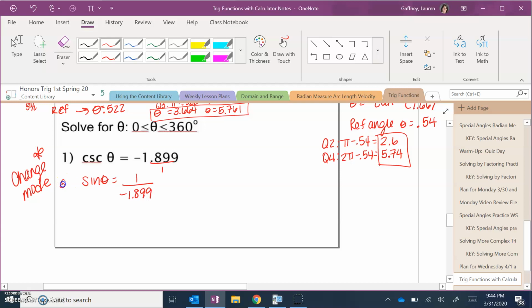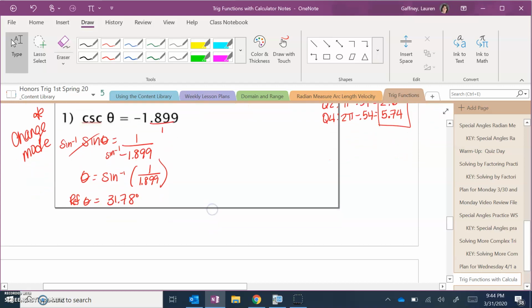Okay, so let's do sine inverse. So theta, let's drop that negative. Now, when you type that in, you're going to get your reference angle. 31 point, I only did 2 decimal places here also. Not a huge deal. Don't lose sleep over it. 31.78 degrees.